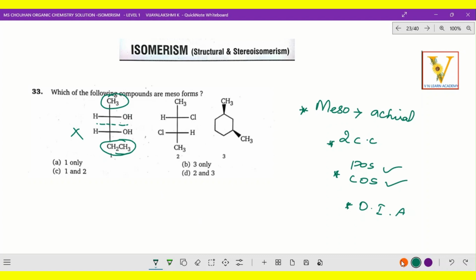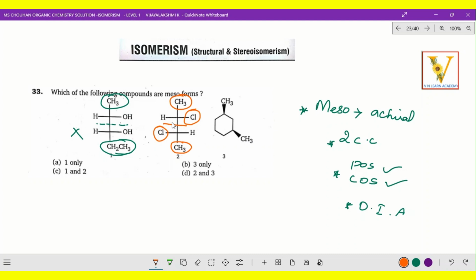And the second one, you see here CH3 is there, here also CH3 is there. We can check top and down also. Both sides are the same, but here CHCl, here CHCl on the opposite side. When you cut this side, you cannot find the same, which is superimposable mirror images of each other.